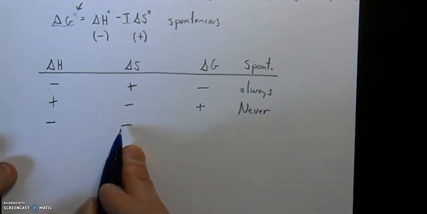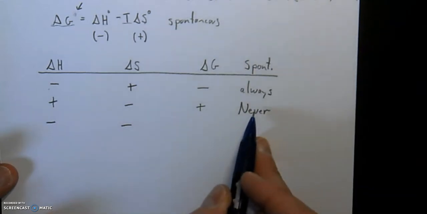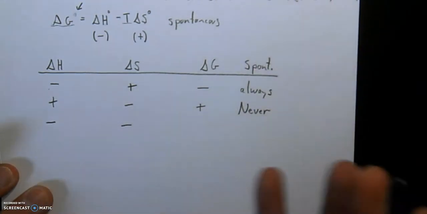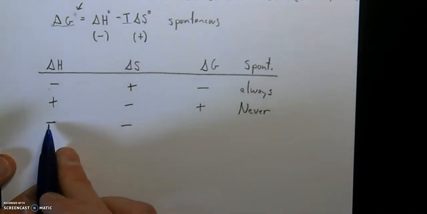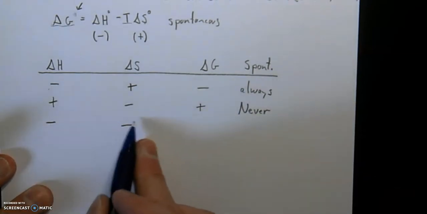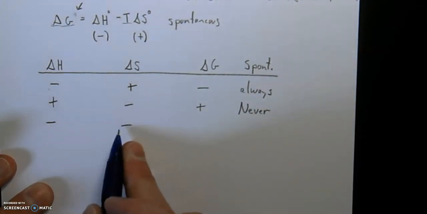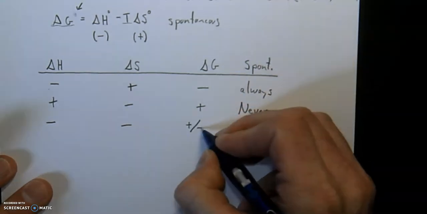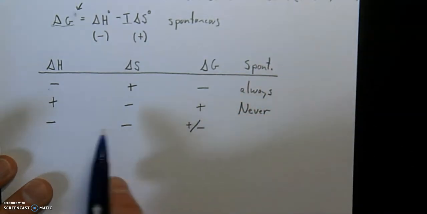Okay, so mathematically, when is this going to be spontaneous? Well, I want this to work if I'm thinking about being spontaneous. If I want this to work and I want this to not interfere with this happening, I have sets of conditions. It may be positive, it may be negative, based upon this one here.